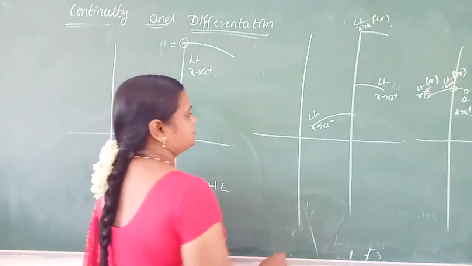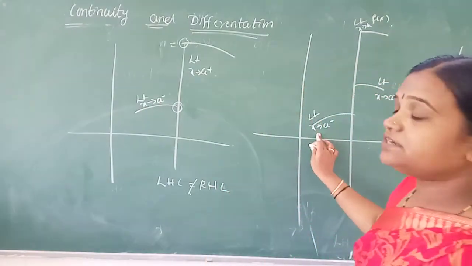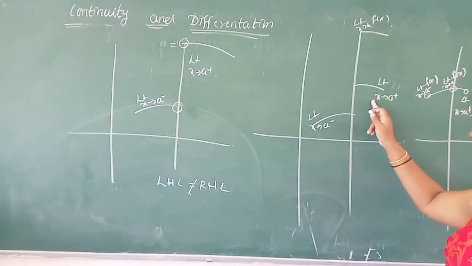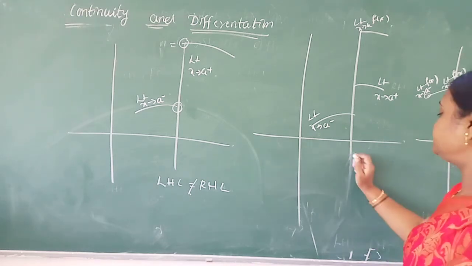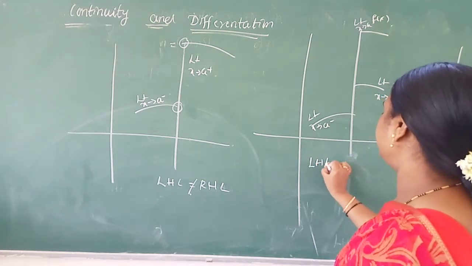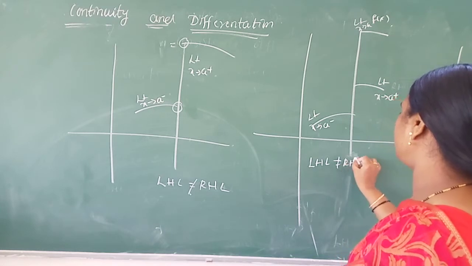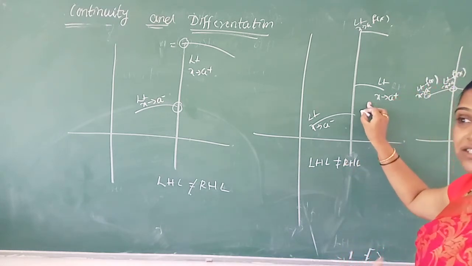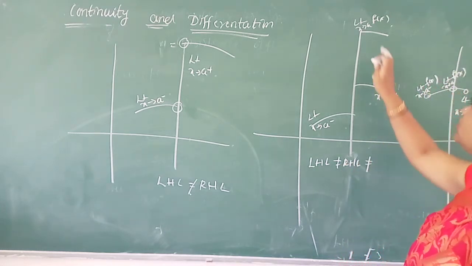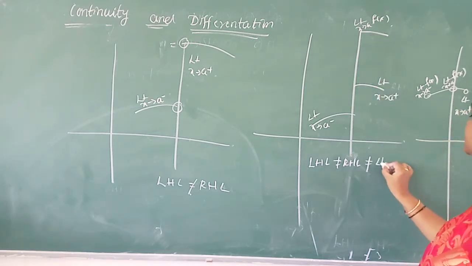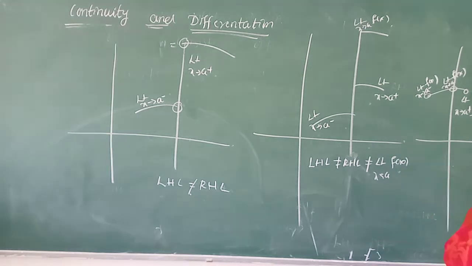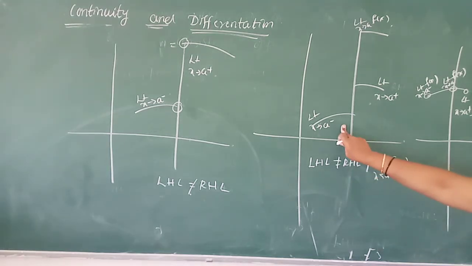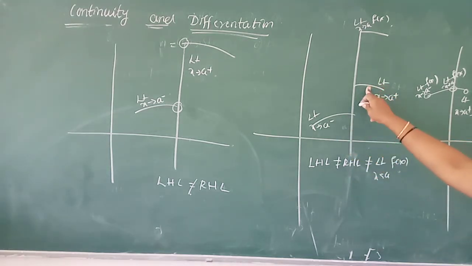Next, concentrate here. This is the LHL value, this is the RHL value. Are both similar? No. Therefore, we can write LHL is not equal to RHL, and this is also not equal to the limit of the function, limit x tends to a of f of x. This is the LHL value, this is the RHL value, and this is where the function exists.